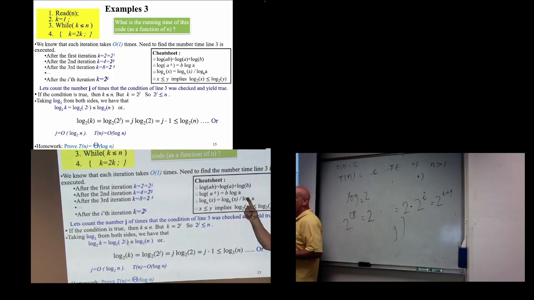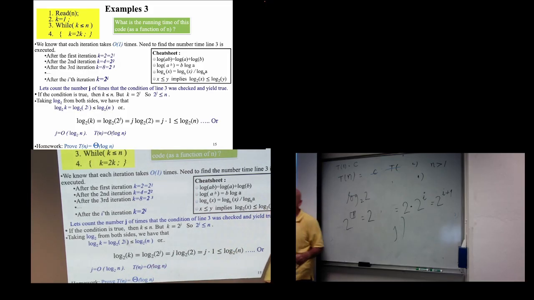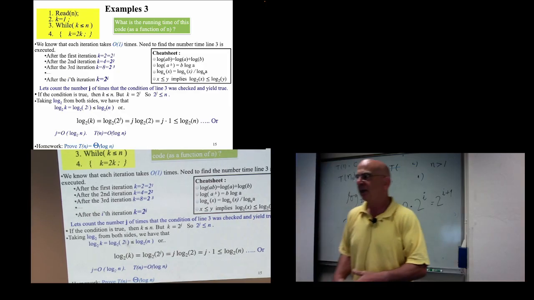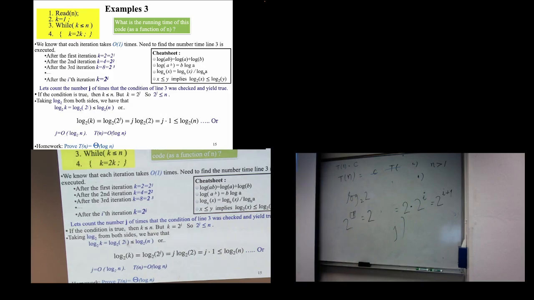I need to take the log to the base 2 of n and multiply or divide by this log a of b. It's a constant. So if I'm writing log to the base 2 of n, I might as well write log to the base 10 or log to the base e, or not write the base at all, because it's inside the big O. Conclusion: every time that you say big O, you don't care about the base of the log.